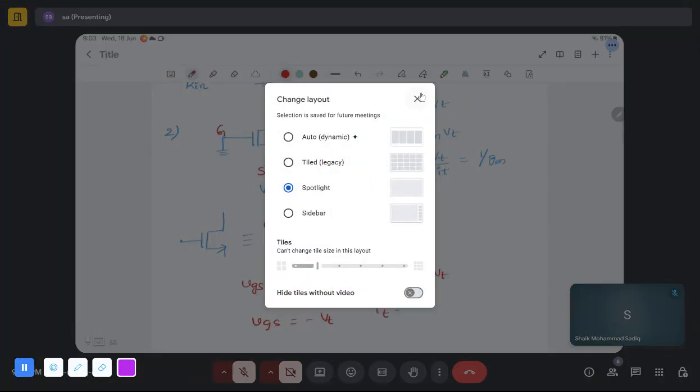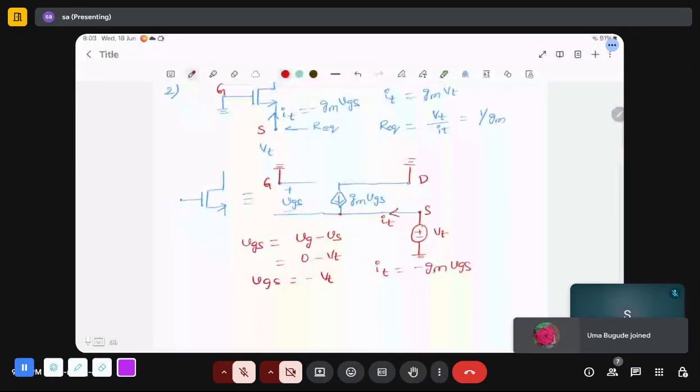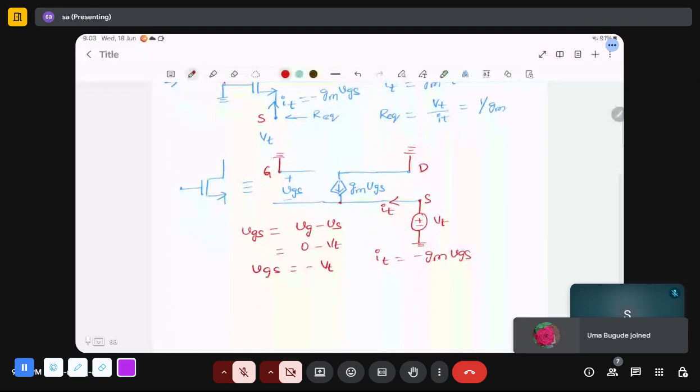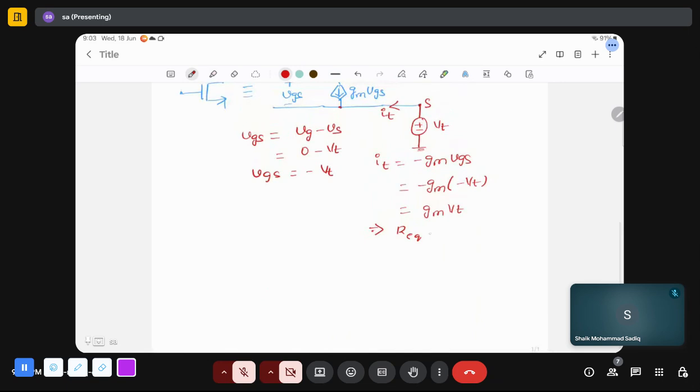IT is minus GM VGS because they are in opposite polarity. So IT is minus GM into minus VT, which is GM VT. From this you will get R equivalent to be 1 by GM.